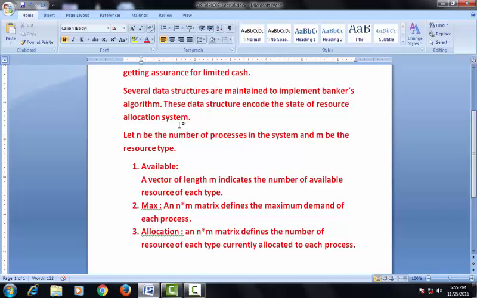So after allocating, our system should be in a safe state, otherwise we avoid allocating the resources to the process. So allocation is a matrix which defines the number of resources of each type currently allocated to each process.